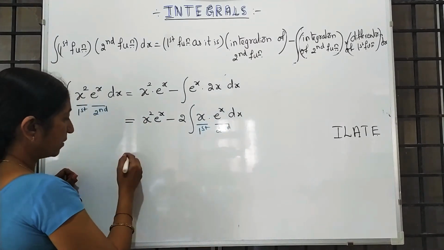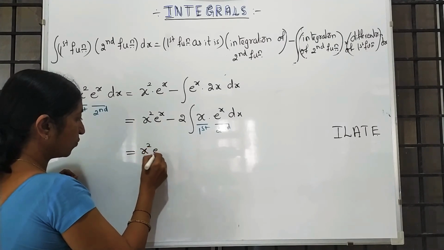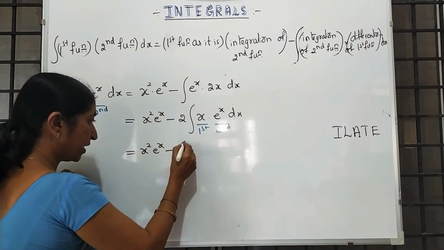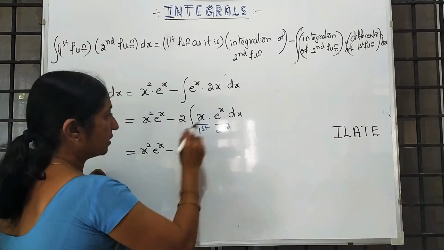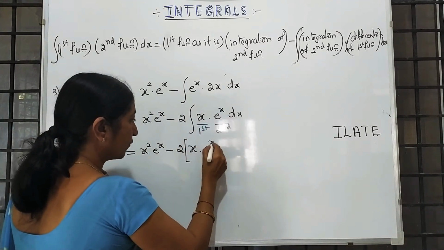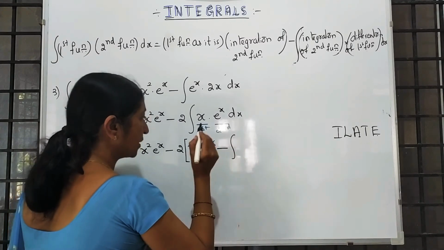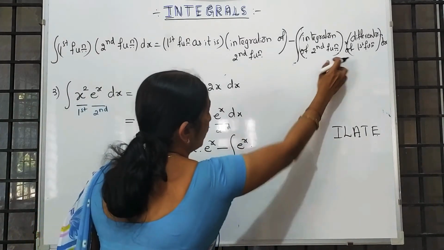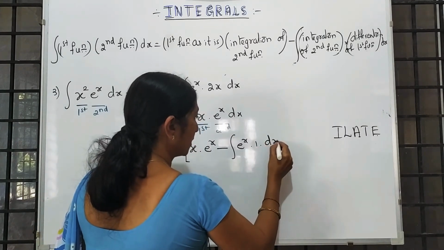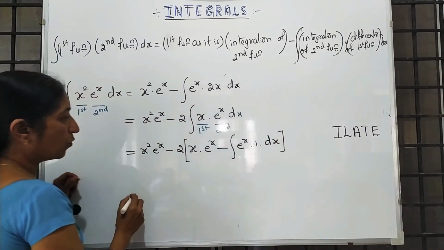So integrate this. First as it is, x square into e raised to x, minus 2 outside in the square bracket: first function as it is, integration of second function, minus integration sign, integration of second function into differentiation of first. First means x. Differentiation of x is 1.